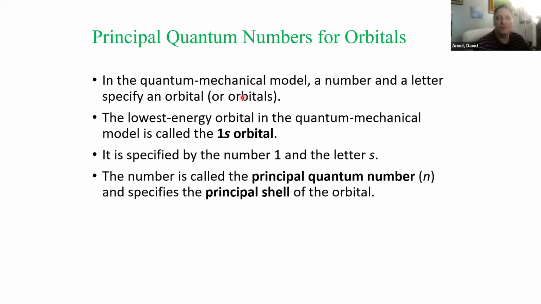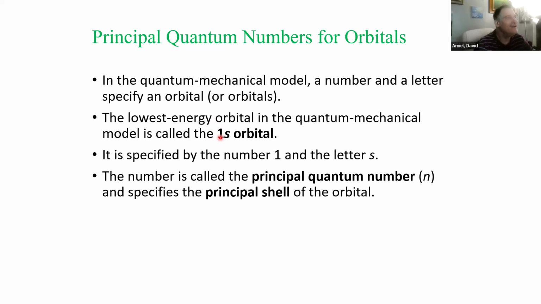In the quantum mechanical number, a number and a letter specify the orbital. So in other words, when you say 1s orbital, the lowest value permitted by the Schrodinger equation, that is 2 of the quantum numbers. The first number, 1, is the value of n, the principal energy level.